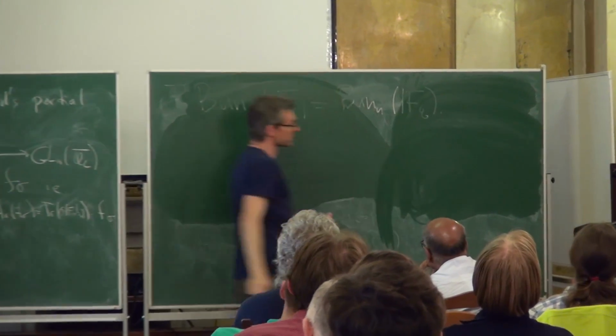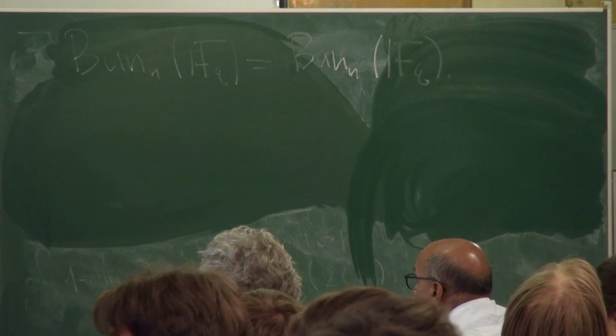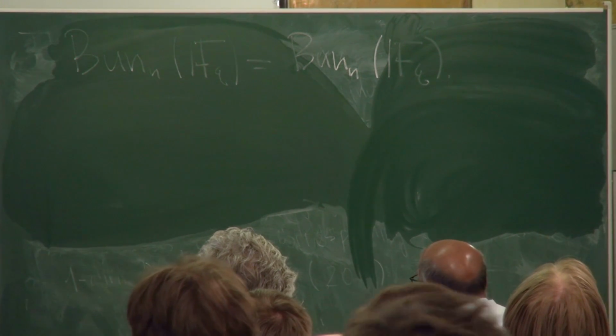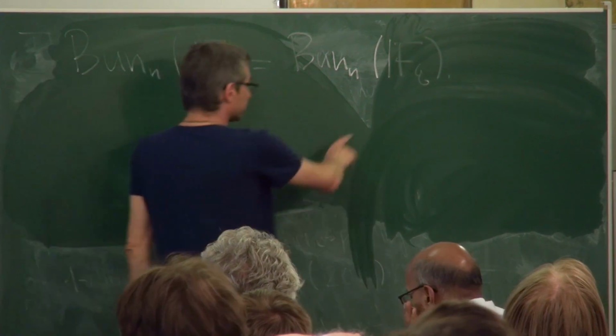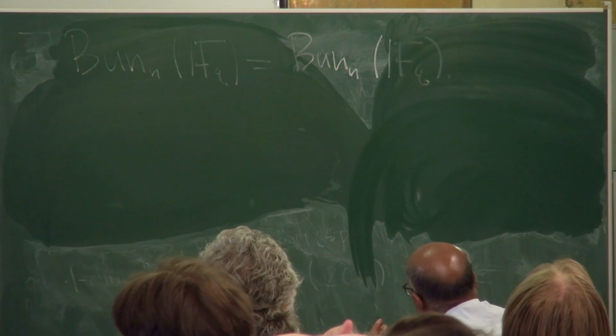So what do I mean by this? So I mentioned before that if you have an algebraic variety, over FQ you can consider the set of isomorphism classes, a set of its FQ points.